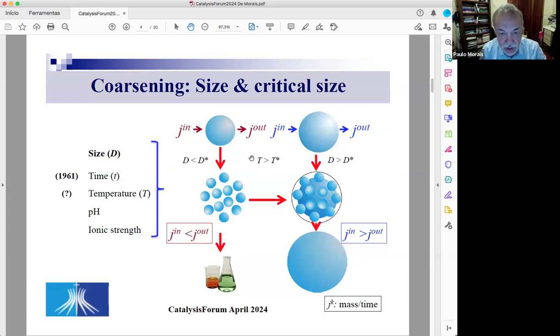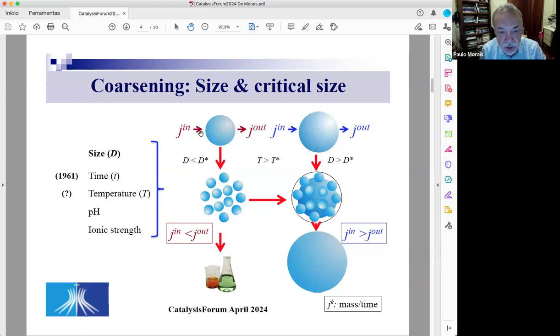If you are above a critical temperature, which depends on the material itself and on the medium in contact with this nanomaterial or micromaterial, then there is a current of mass going into the material and a current going out.